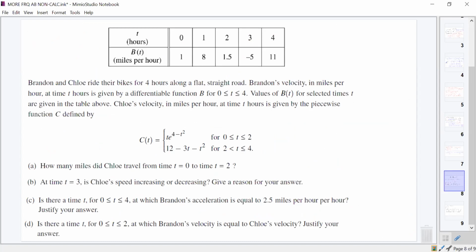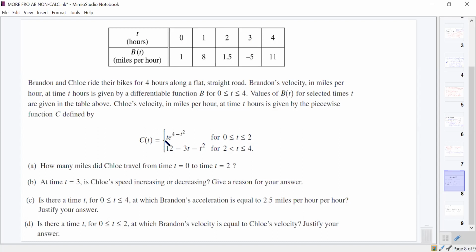So normally, if we're going to do how many miles did somebody travel, we do the integral of the speed, right? Rather than the integral of velocity, because the integral of speed gives us total distance traveled, whereas integral of velocity gives displacement. But here, if t is between 0 and 2, this value for t is always going to be positive, or it's going to be 0, which will make the whole thing 0, which is fine.